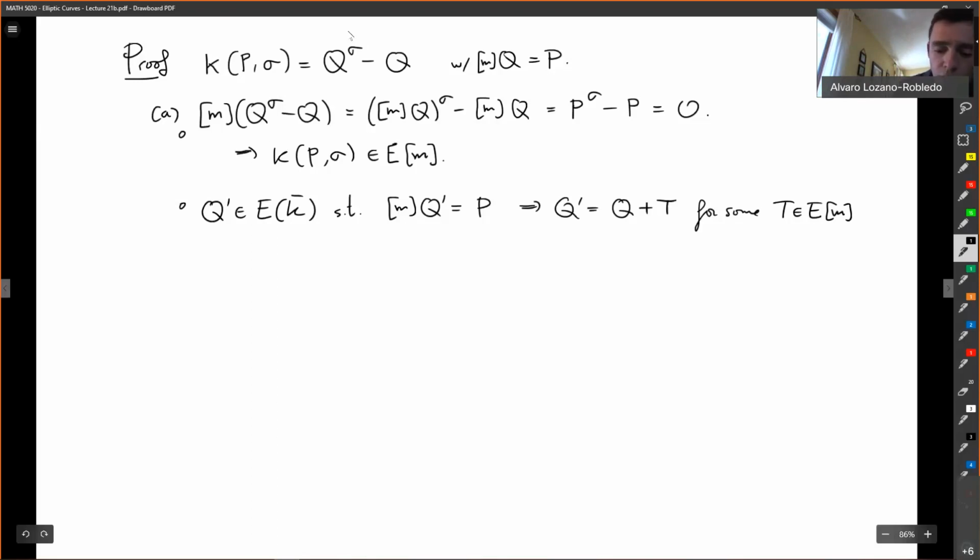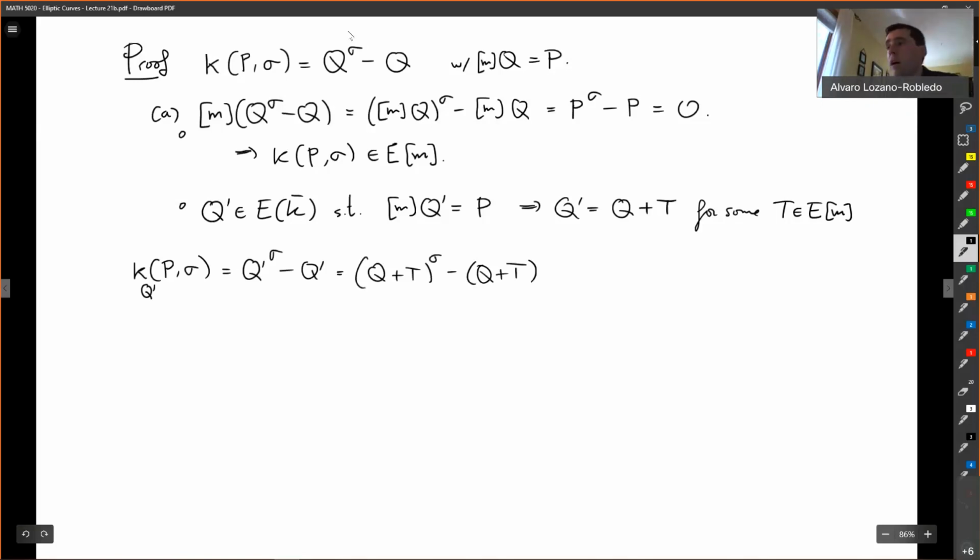All right, so let's see what happens if I apply the definition of kappa P sigma, which maybe depends on the choice. So I'm going to say this is the kappa defined for Q prime. That would be Q prime sigma minus Q prime. That is (Q plus T) sigma minus (Q plus T).